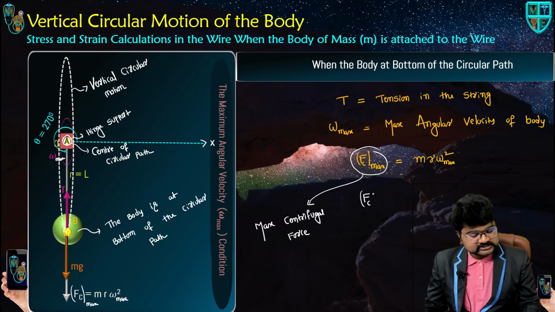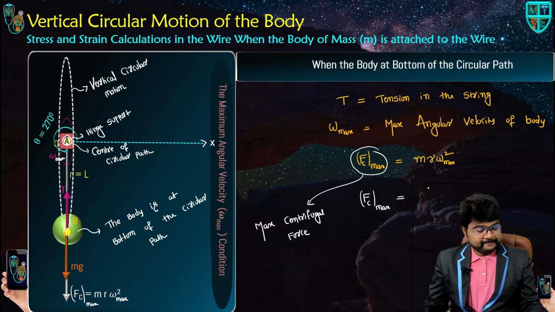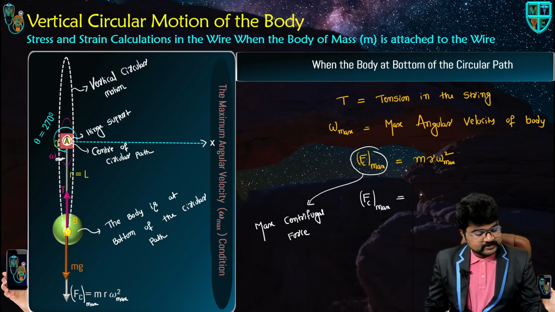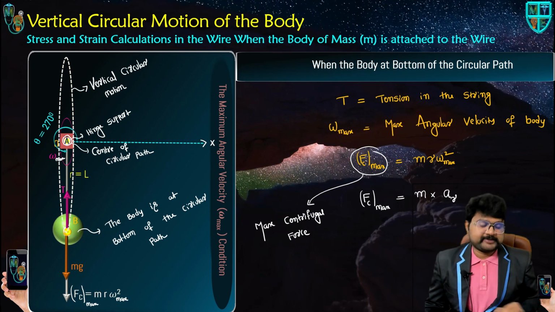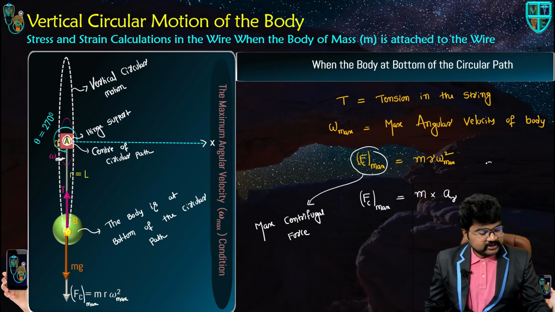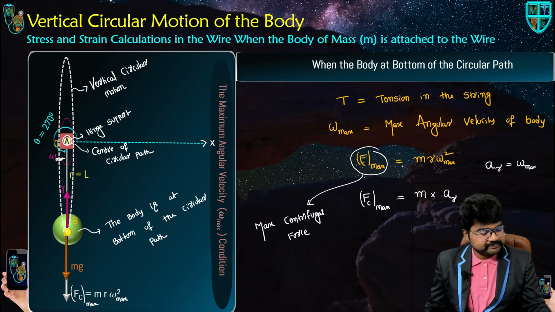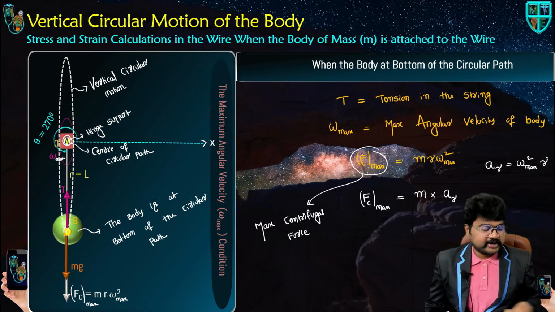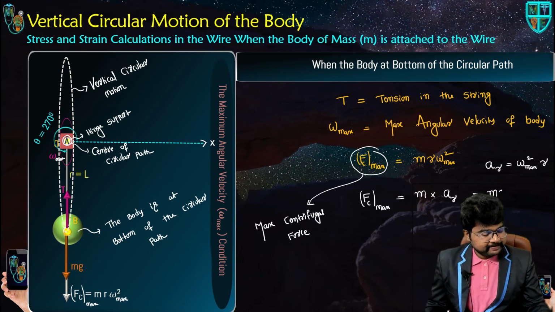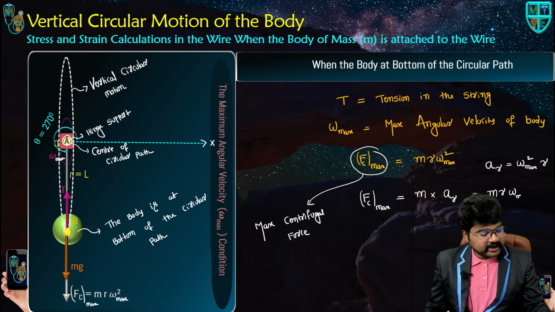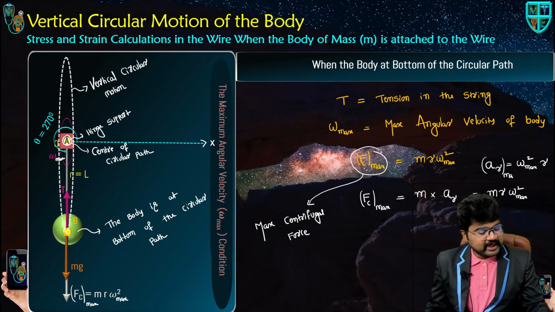Generally Fc maximum is nothing but m into radial acceleration, equal to omega maximum square into r. This would be m times r omega maximum square. Here radial acceleration will be maximum.